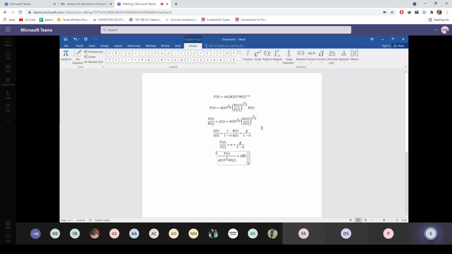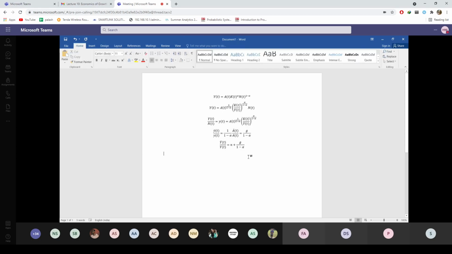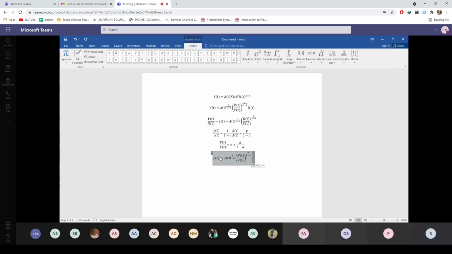So actually, if I start from here, and then I divide both sides of this by that, okay, I can remove this from here. I can call this now y hat t.